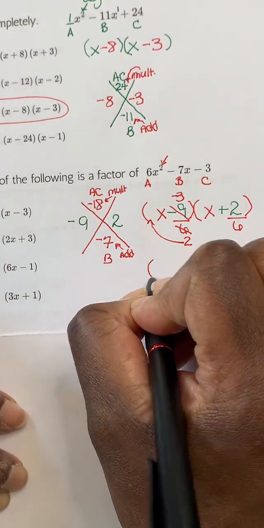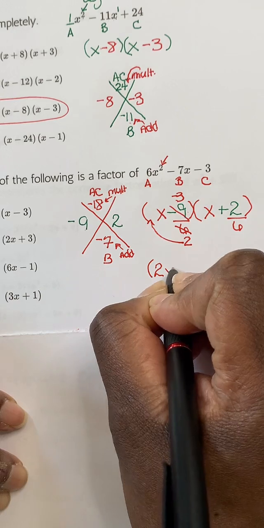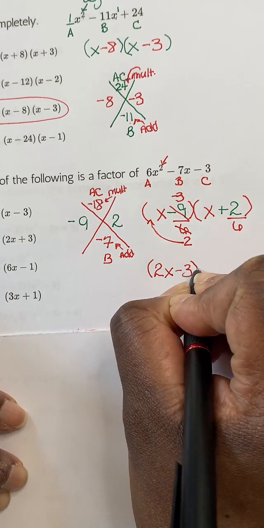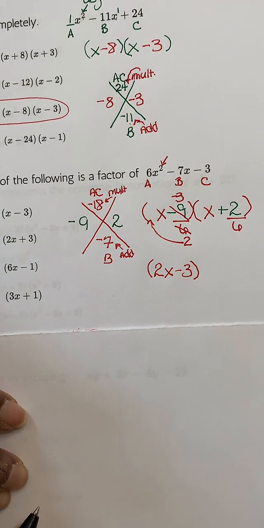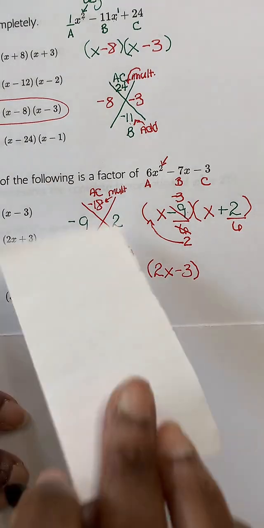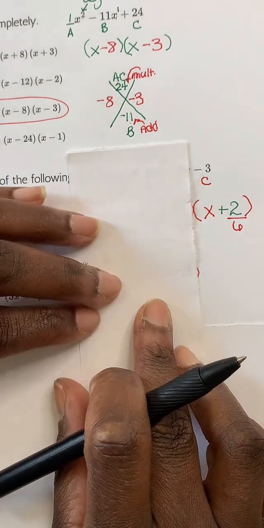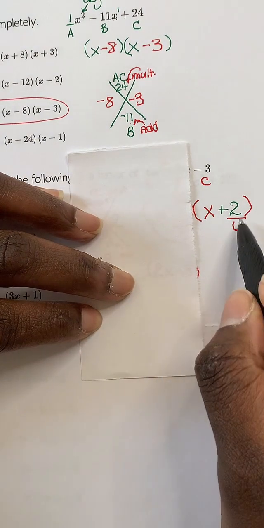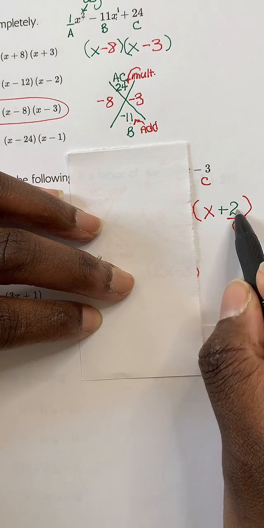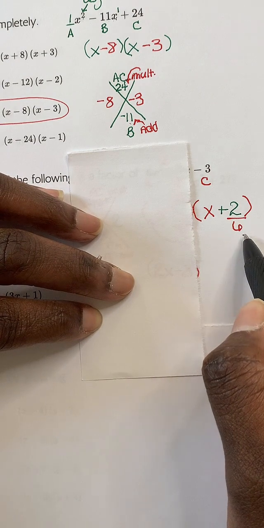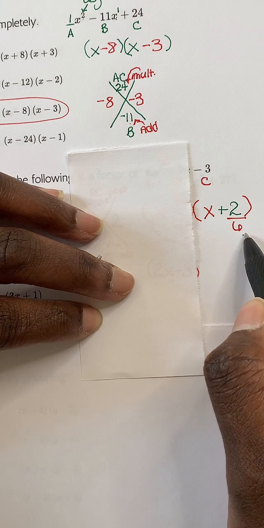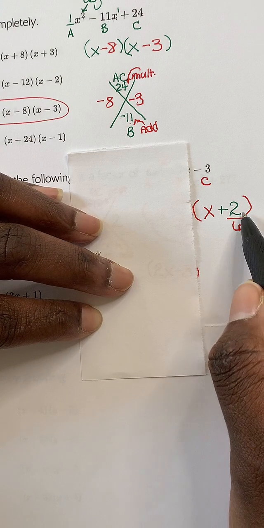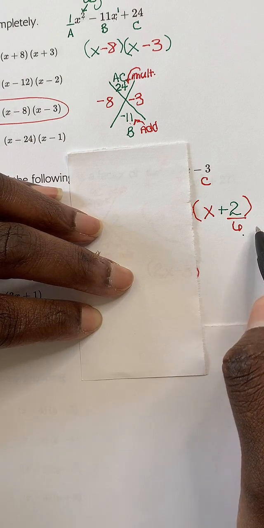So that means that first parenthesis is going to be 2x minus 3. Okay. Let me show you in the next one. You're probably like, oh, okay. All right. So if I do for the next one, 2, 6, what number does 2 and 6 have in common? Okay, thank you with my 1/3. Good. 2 and 6, they'll both have what in common?